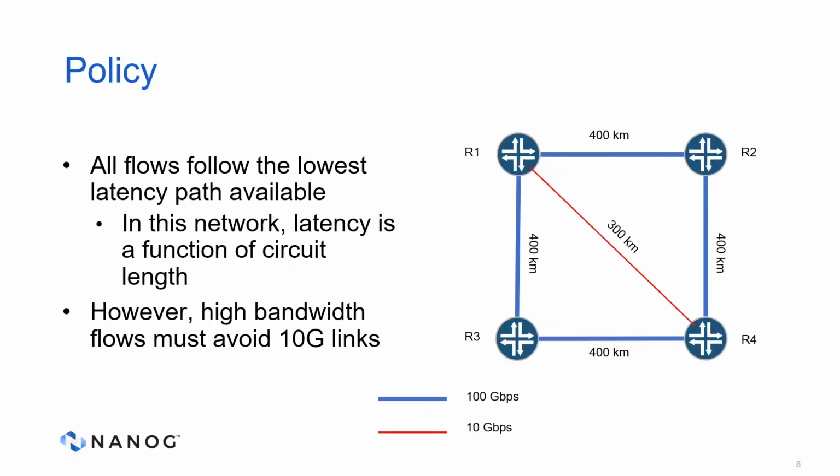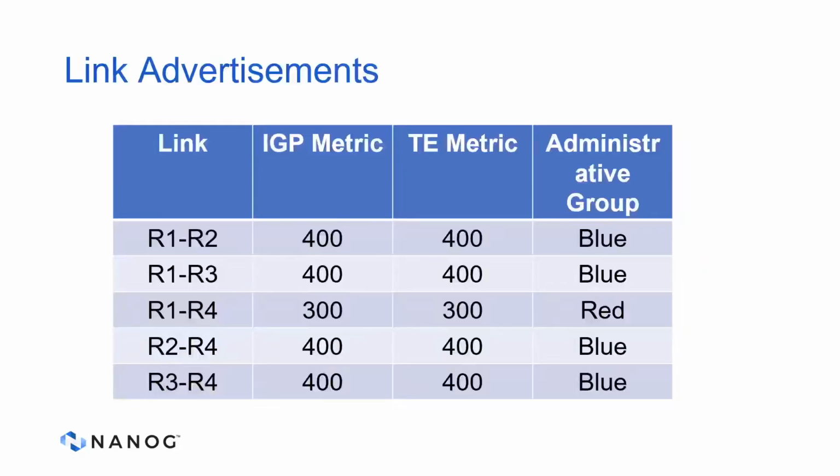So the requirement is all flows follow the lowest latency path, but the high bandwidth flows must avoid the 10 gig links. So that's the requirement, and let's see how we can satisfy that using FlexAlgo. So we have these link advertisements, like traditional link advertisements, no change whatsoever in the existing link attribute advertisement in IGPs.